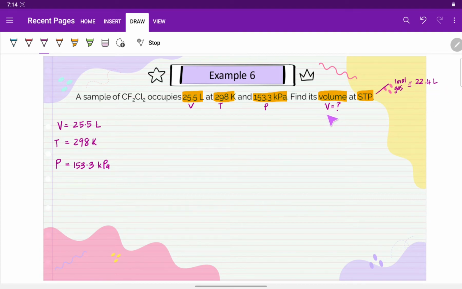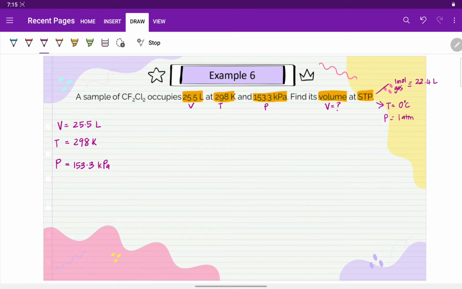Okay, sebab okay, bila dekat STP, dia akan berlaku perubahan temperature sebab kita tahu bila dekat STP, temperature adalah 0 degree Celsius dan pressure adalah 1 atm.